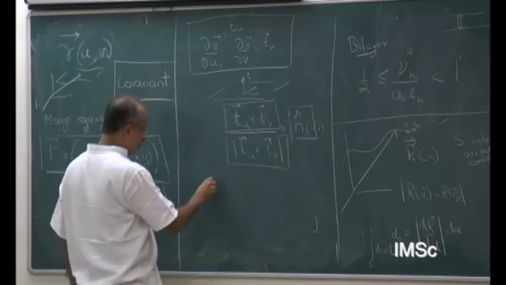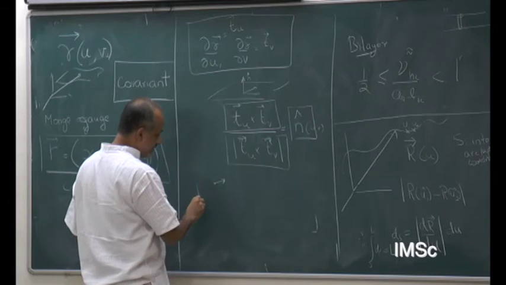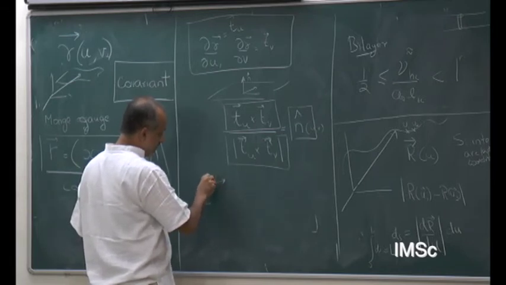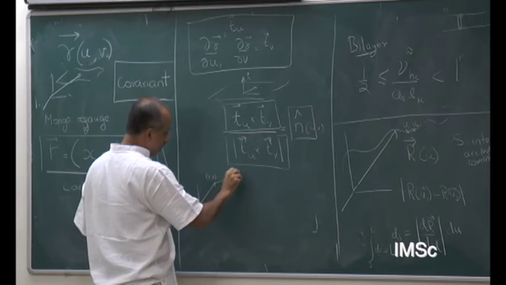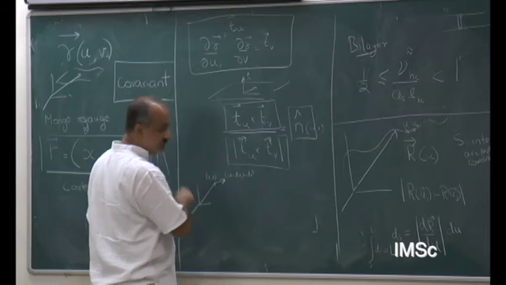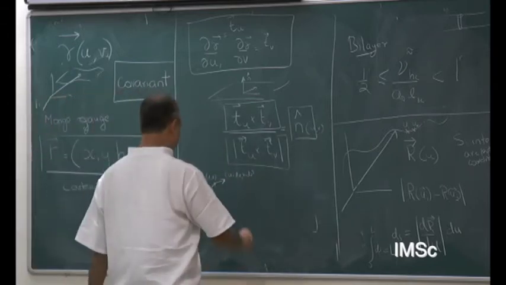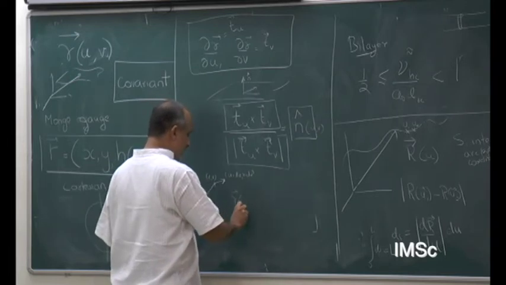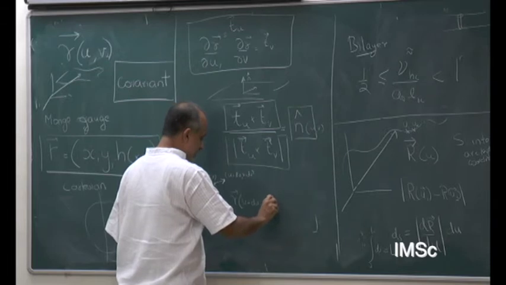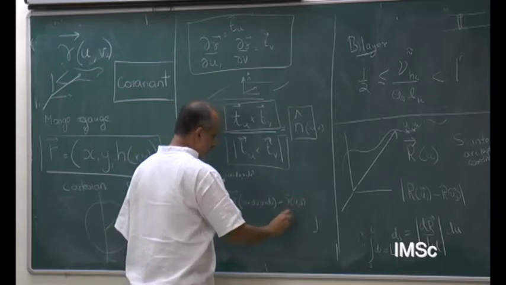How do I find out the distance between two very close points on the surface? Suppose this is u, v, and suppose this is u plus du and v plus dv. What is the distance between these 2 points? The way I would do that is to calculate r as a function of u plus du and v plus dv, and subtract from this r as a function of u and v.